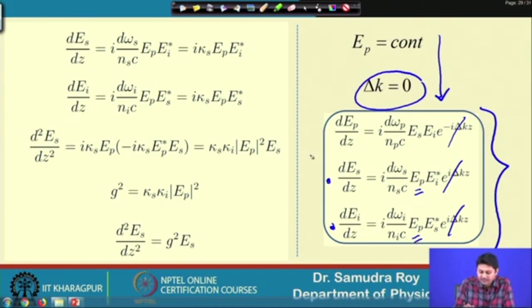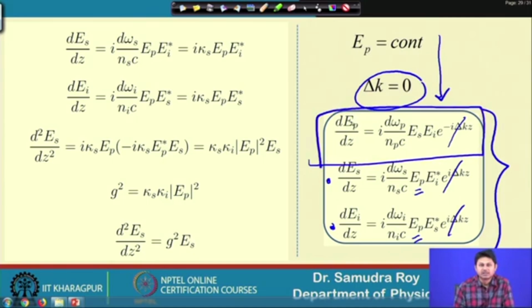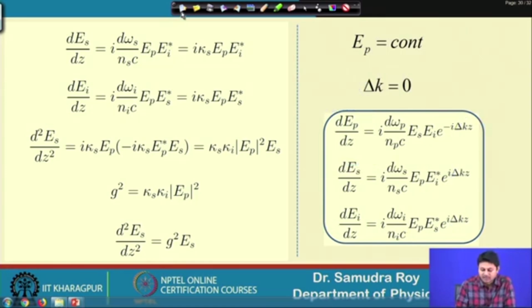So, we will discard the equation where the variation of Ep was there. We just take equations 2 and 3 and consider Ep as a constant. So, using these equations and considering delta k equal to 0 and Ep constant, we can find out the evolution of Es and Ei.